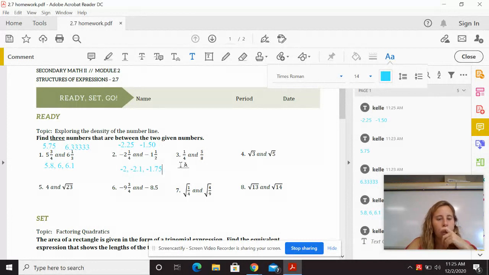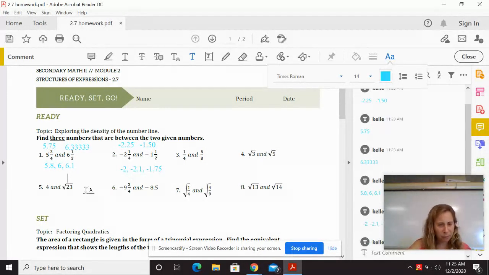Let's do this one, and change to a decimal. So 4 and the square root of 23, which is not a perfect square, so you're going to get a decimal. 4 point something.